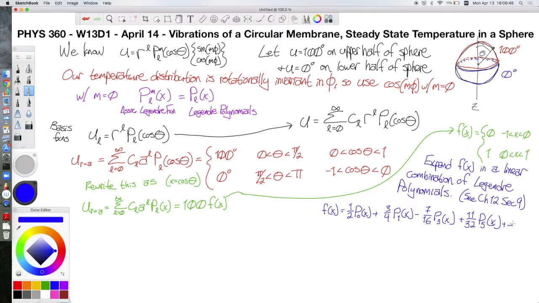So the coefficients here in our Legendre polynomial expansion of f of x are related to our coefficients c sub l in our actual function we're trying to find here. So each coefficient c sub l is equal to the coefficients from the Legendre polynomial expansion times 100 over a to the l.